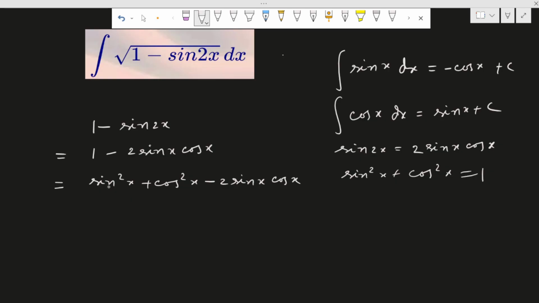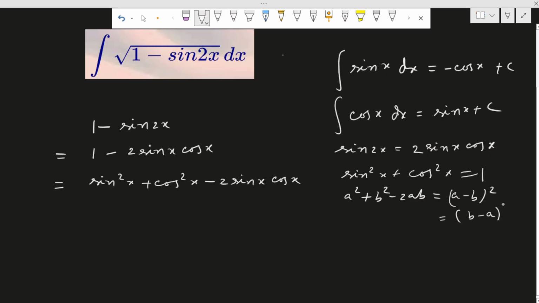Now obviously if sin x is equal to a and cos x is equal to b, then a square plus b square minus 2ab can be written as a minus b whole square or b minus a whole square.